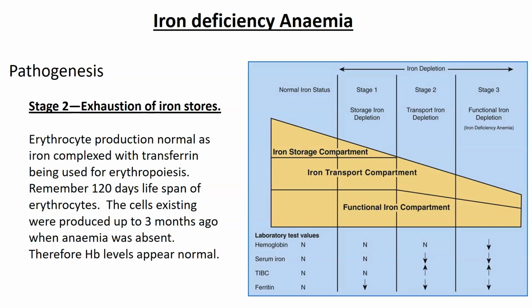So the total iron binding capacity increases because there's all this extra capacity that's there, but not enough iron to take up all the binding sites of transferrin. And if we look at ferritin, there was a drop in stage 1. That drop gets bigger in stage 2.